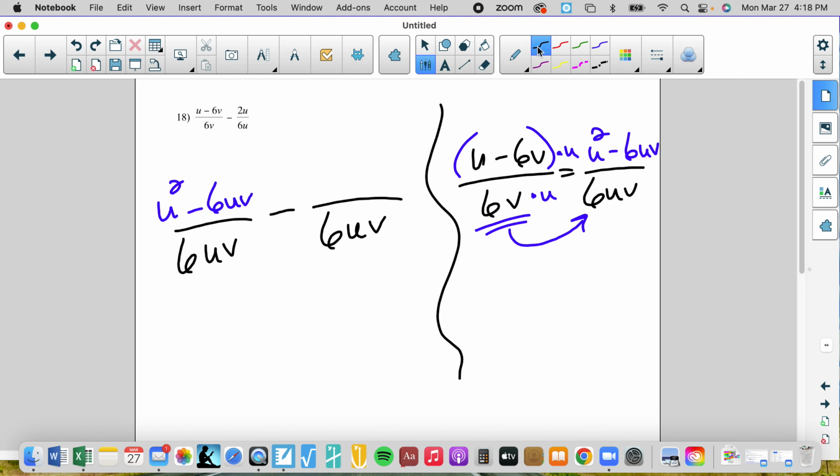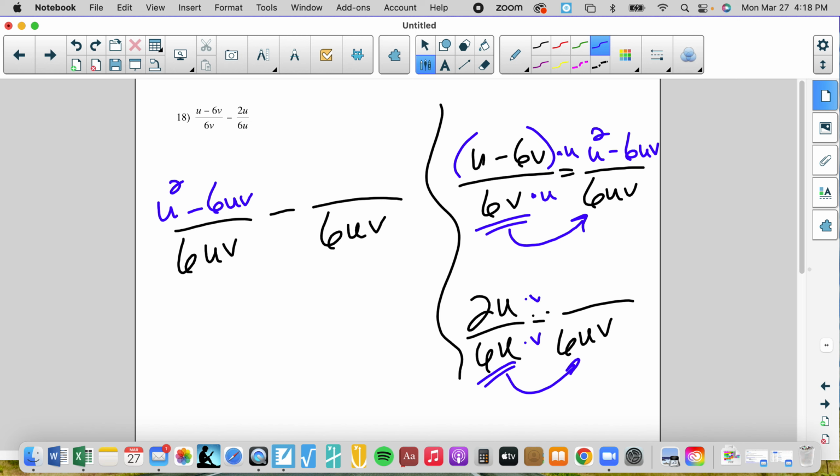That one was definitely more complex. I'm going to leave the negative out here, and I'm just going to deal with that fraction because I will distribute it later. So we have 2u over 6u equals, my common denominator is 6uv. So what am I multiplying this by to get that? I'm multiplying it by v.